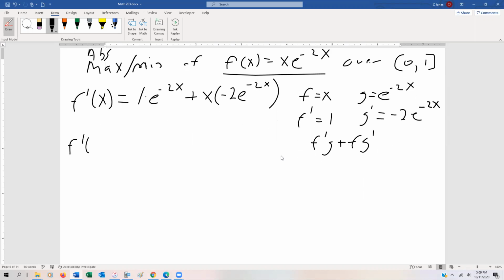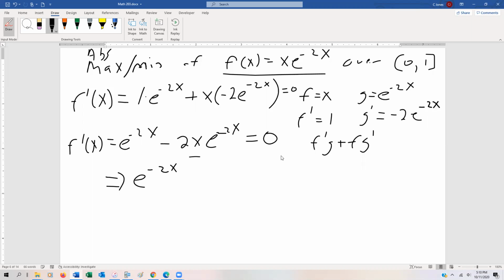So f prime of x is going to be e to the minus 2x minus 2x e to the minus 2x. And remember, we're trying to find the critical values, so we do have to set that equal to 0. And then we're going to solve by factoring out the e to the minus 2x.